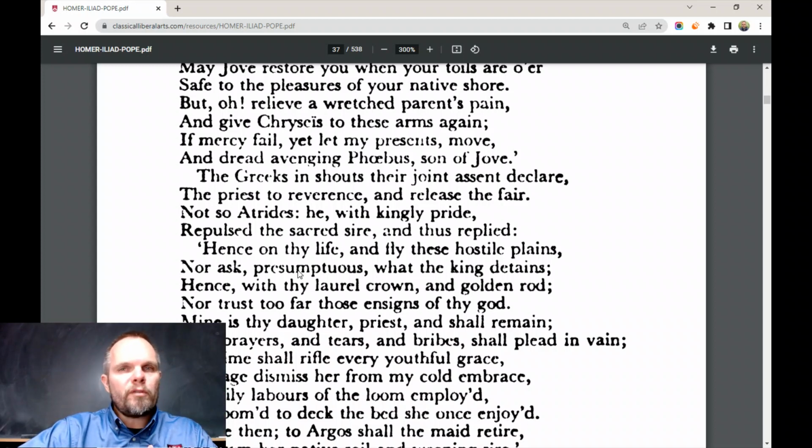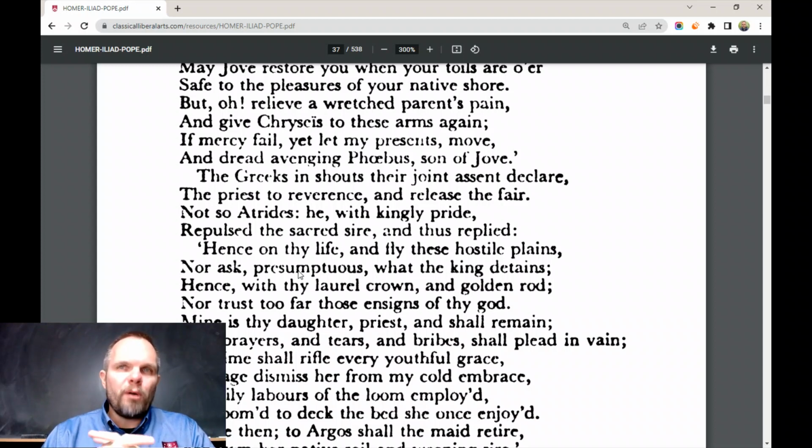He, moved by kingly pride, and contrast that pride of the king with the humility of the priest, who is literally kneeling down before him.